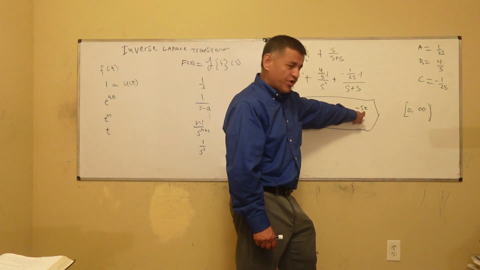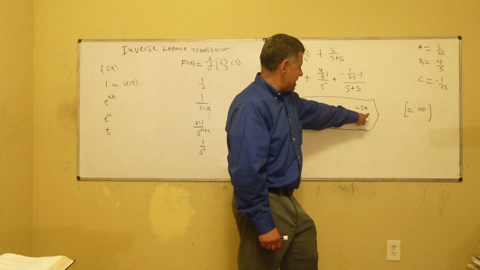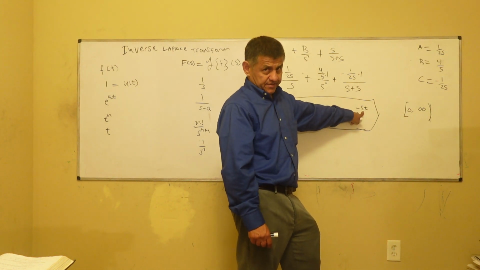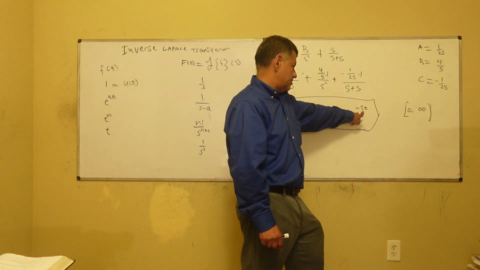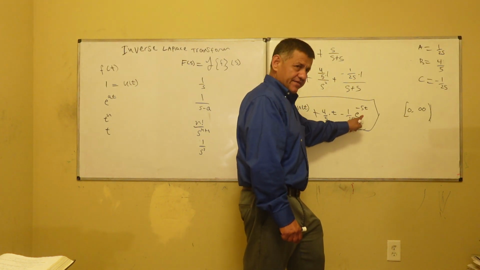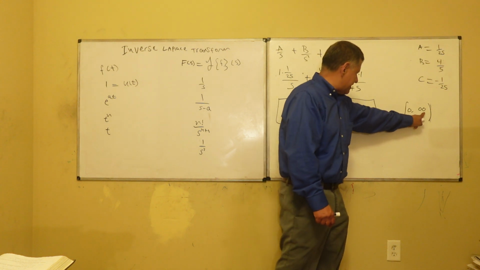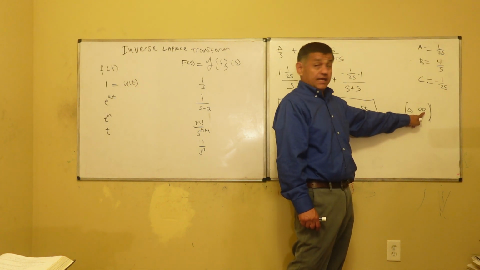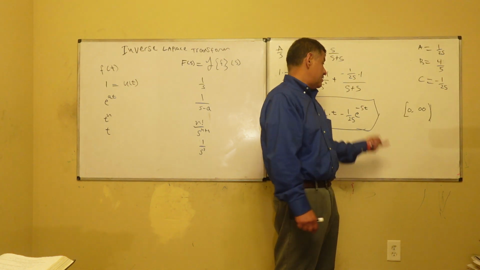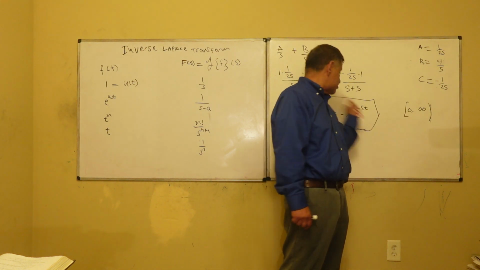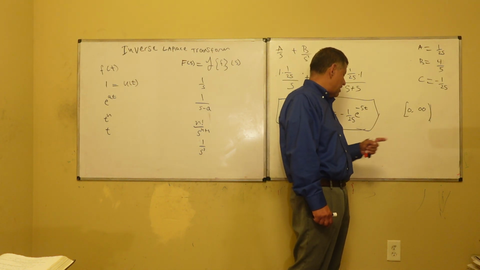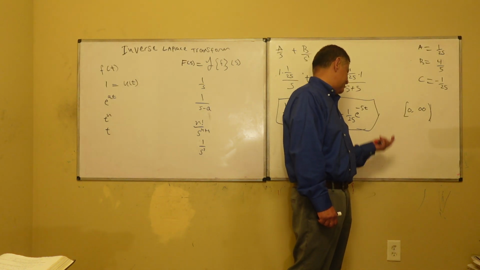Why? Because that exponent is negative. But if it was positive, this goes to infinity, and that's not good. But because it's negative, if I put maybe a million over there, it's going to drop to 0 immediately. Probably it doesn't need a million, but maybe 1,000.